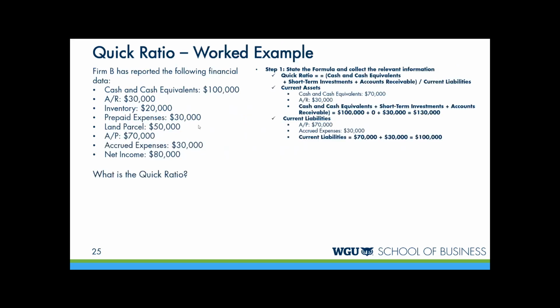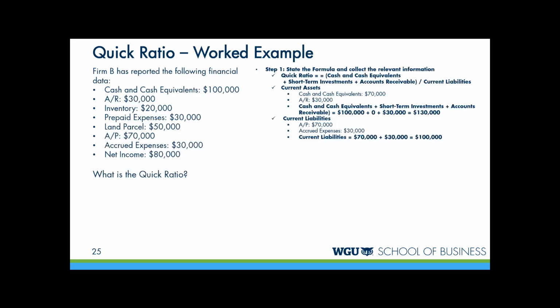Okay, so let's do a worked example of this quick ratio. So again, we have these financial accounts and their balances reported for firm B. And so we want to calculate the quick ratio. So the first step is going to be to state the formula and then collect the relevant information.